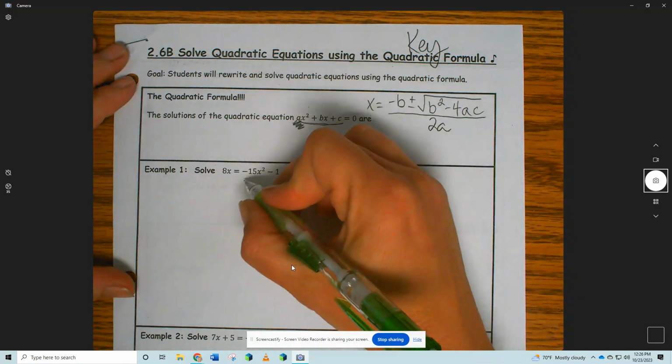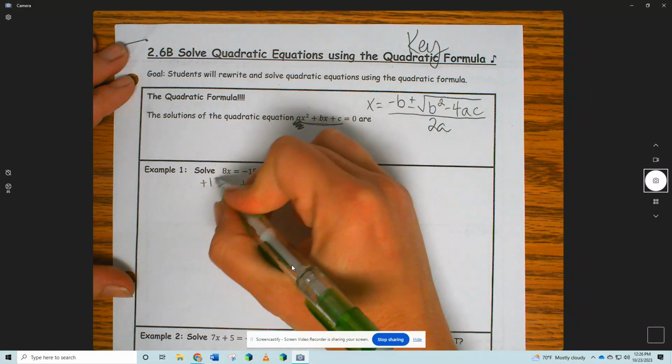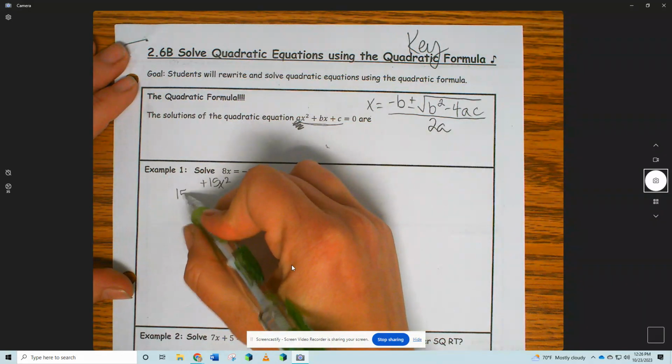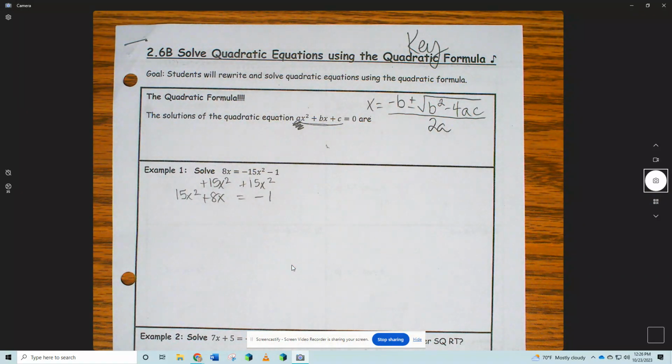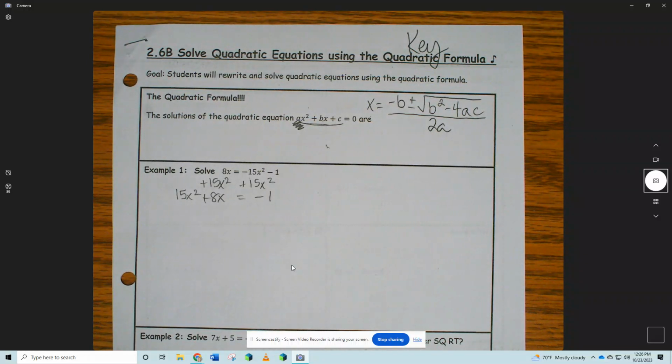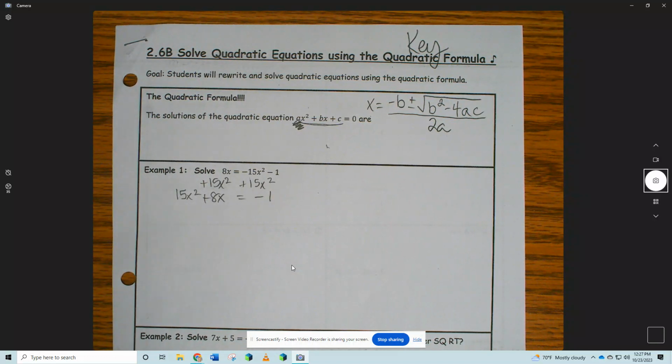Okay, so the 15x squared to the left? So I've got 15x squared plus 8x equals negative 1. I need equals 0. It doesn't say equals 0. Everything needs to be on one side.